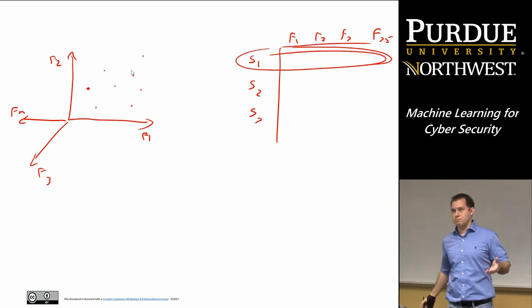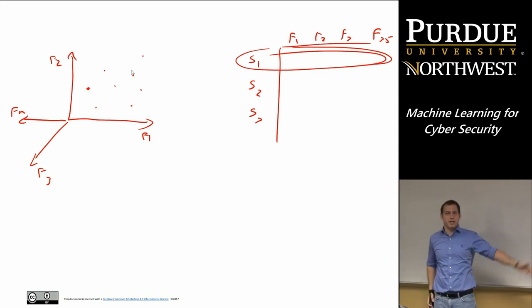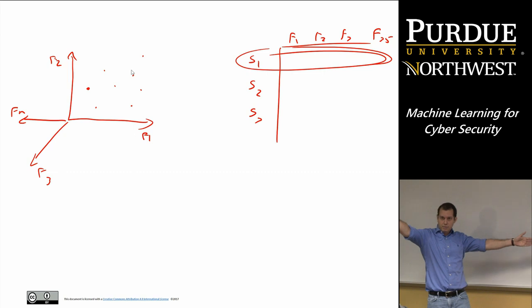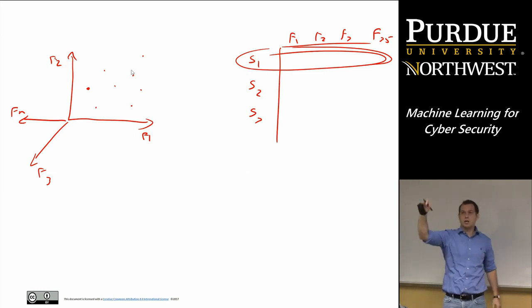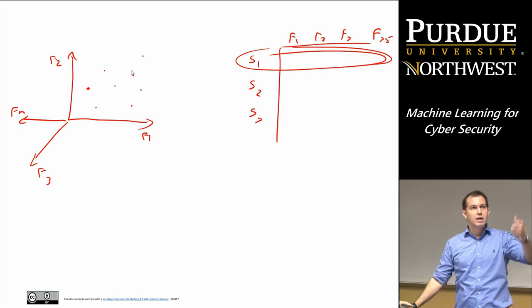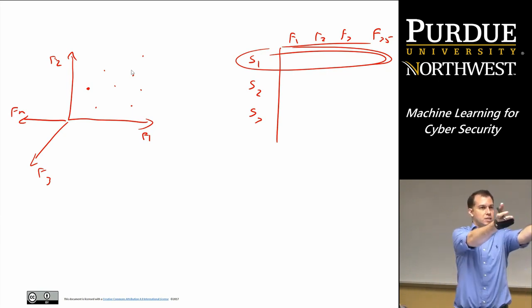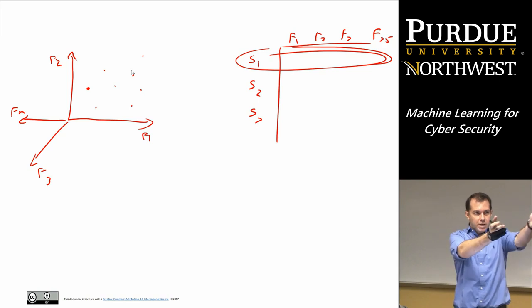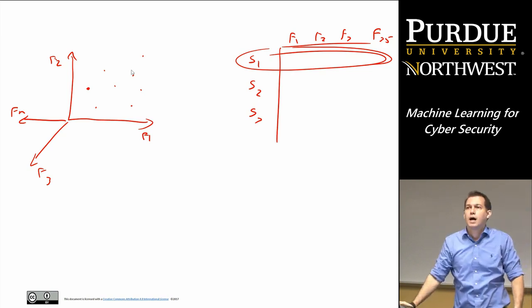So here, in this three-dimensional space, F1, like this and like that, each of us is a point. And you can measure the distance between the two students there. You can calculate that.